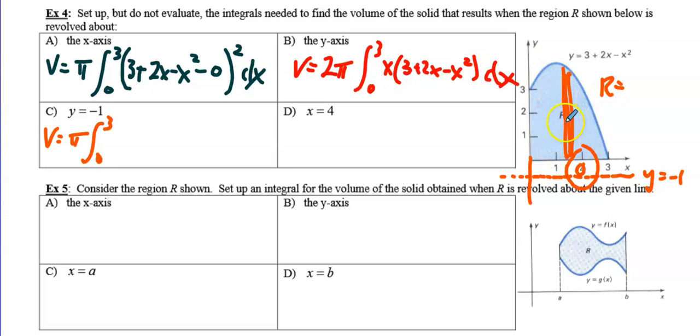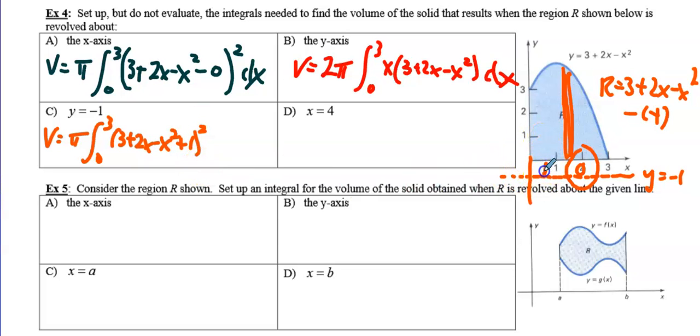Since the shaded region is above the axis of rotation, we're going to do this first. So the big R is going to be 3 plus 2x minus x squared, minus our axis of rotation, which is negative 1. So our big R is going to be 3 plus 2x minus x squared plus 1. And we have to square it.